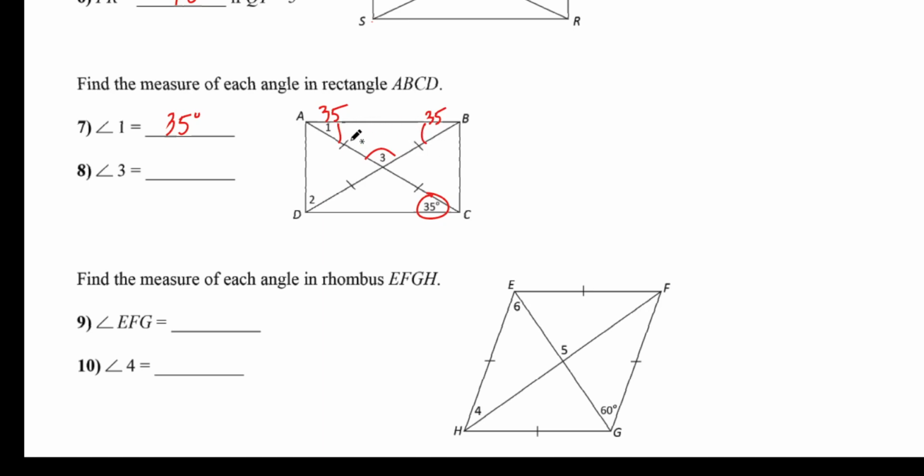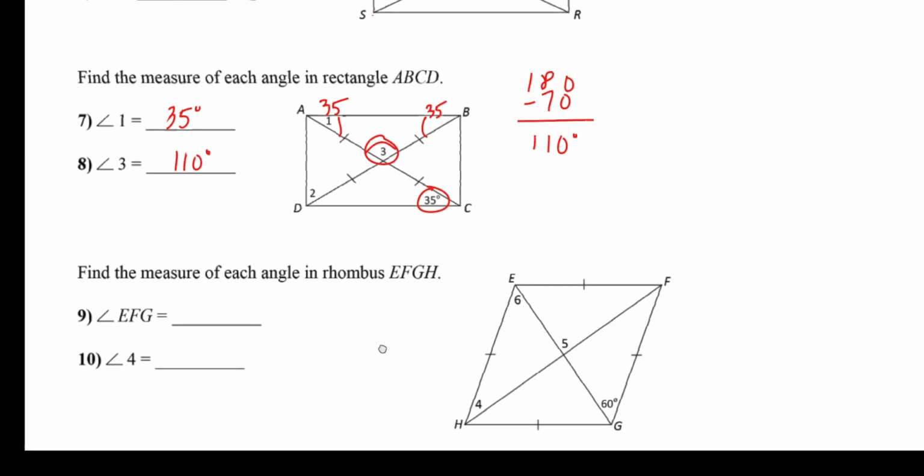And the angles opposite a triangle with two equal sides are equal to each other as well. So you add those up, what do you get? 70. How do you find what's left over? Take it away from 180. What's that? 110. So you had to do a little math. You had to add up the 35 and 35 to get 70. Then you had to take that away from 180, and that's what this angle is right there. It's 110.